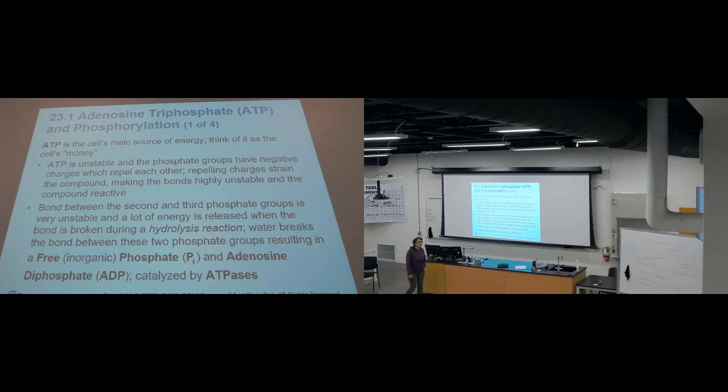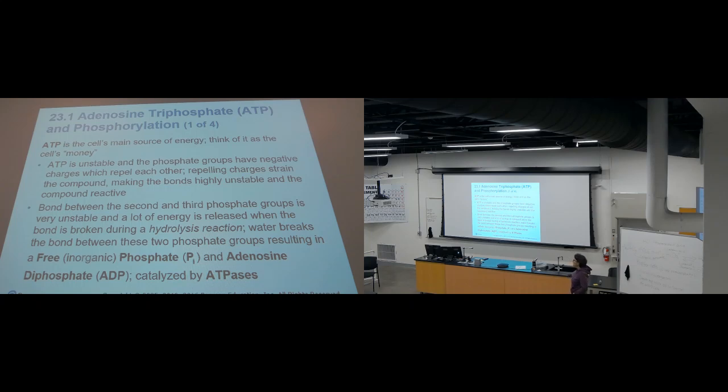So ATP then is the main source of energy. It's like the currency of energy, like money, $1. And then ATP is unstable, and the phosphate groups have a negative charge which repel each other.